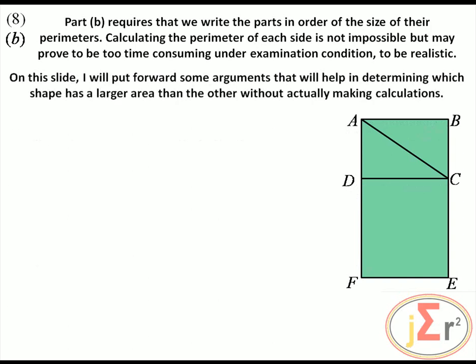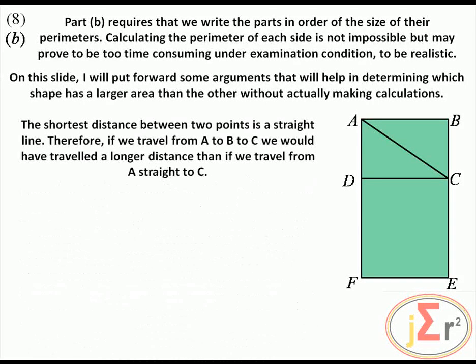So on this slide, I will put forward some arguments that will help in determining which shape has a larger perimeter than the other without actually making calculations. And of course, this may be used in other branches of geometry in order to simplify analysis and probably even calculation. The shortest distance between 2 points is a straight line.